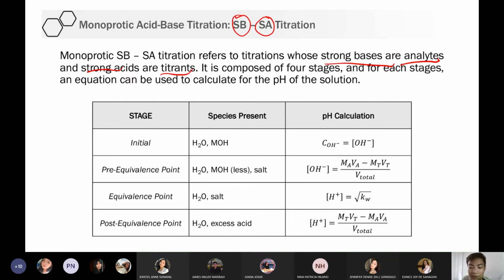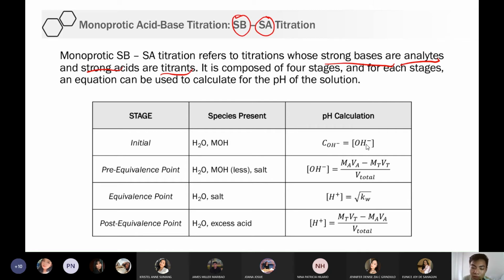Medyo maingay sa kapitbahay. Anyway, so basta ganun lang. Again, ano uli nangyari? So at initial stage, may base present. So that means the base is contributing to the pH of the solution. So to solve for the pH of the solution, given yung base mo, kunin mo yung concentration ng base, equivalent yun sa OH concentration.